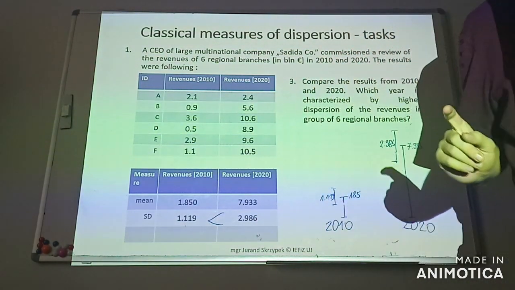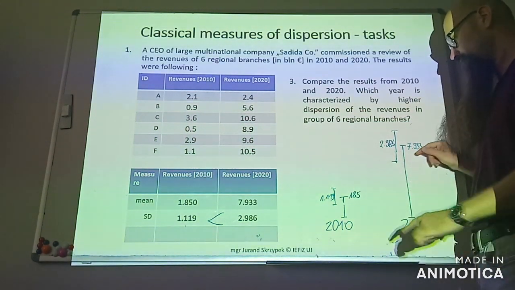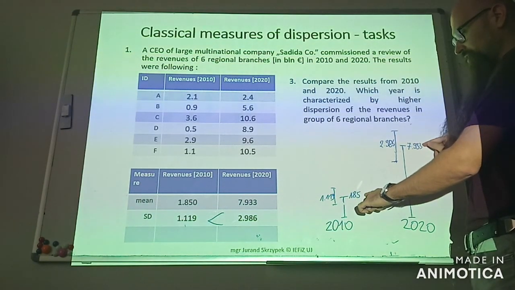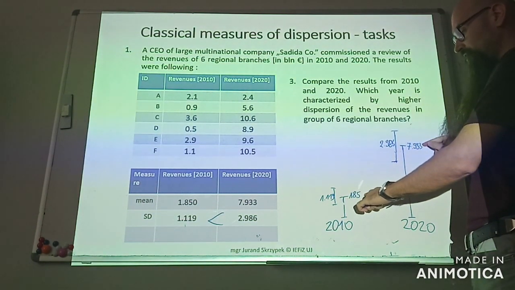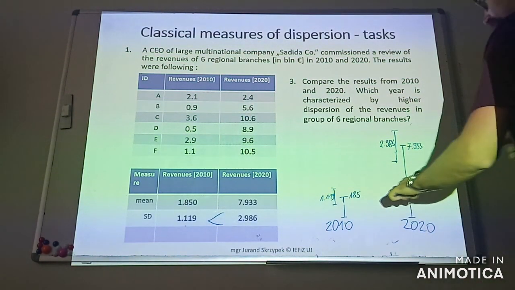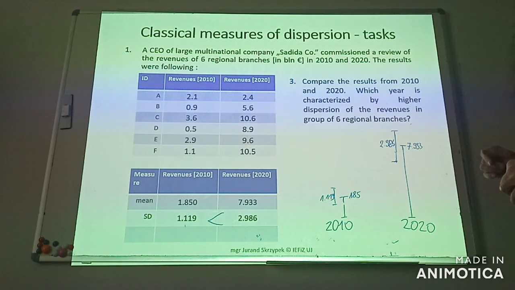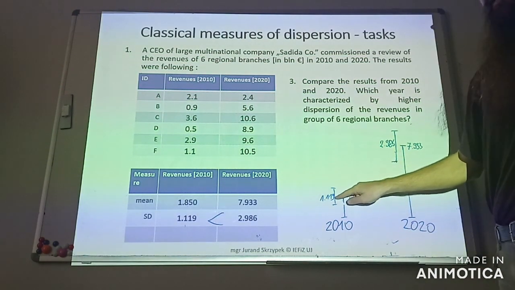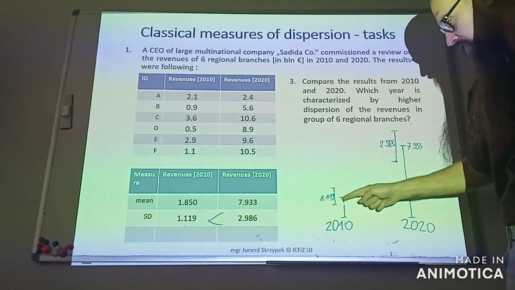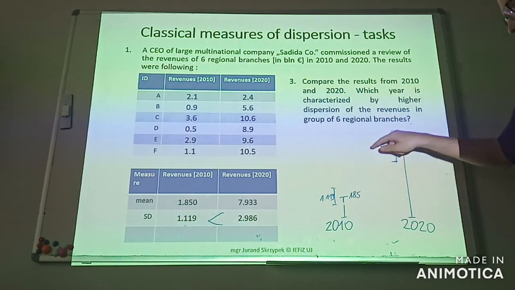But wait a second. Look at the typical levels of the considered phenomenon. Here, in 2010, we have a significantly lower typical level of the revenues. So in the situation where we deal with large differences in the average level of the same variable, we should relate the average deviation around the mean to the level of the mean value of the considered phenomenon.